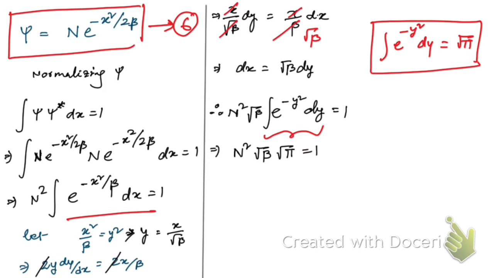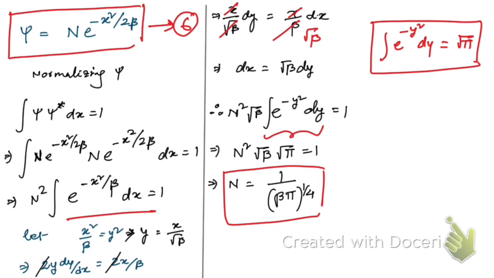So N will be equal to 1 by root beta root pi, that means 1 by beta pi whole to the power half, and as we have removed this square, it is going to be whole to the power 1 by 4. That's what we're going to get. And if you put this value of N in equation number 6, then you're going to get the Gaussian wave packet.